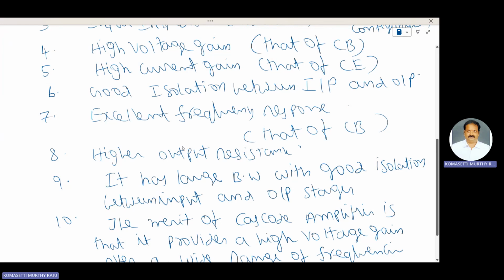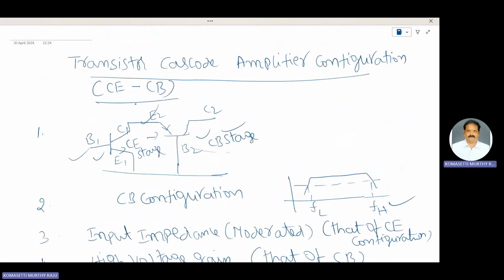Generally, cascode amplifier configuration consists of a CE stage followed by a CB stage. These two stages are directly coupled to each other. CB stage has a low input resistance, which means it acts as a short circuit at the CE stage.